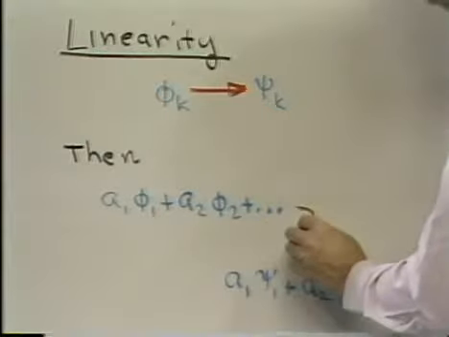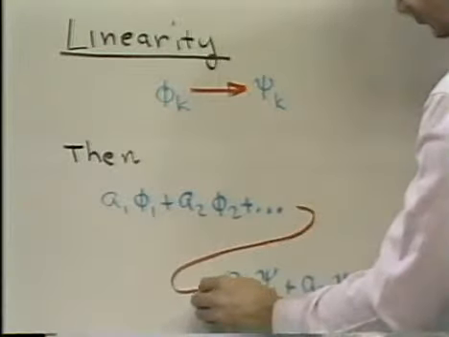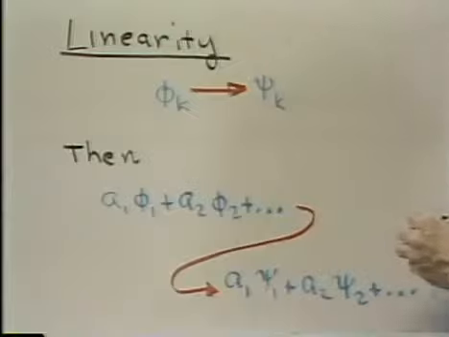So that linear combination of inputs generates, for a linear system, an output which is a linear combination of the associated outputs.